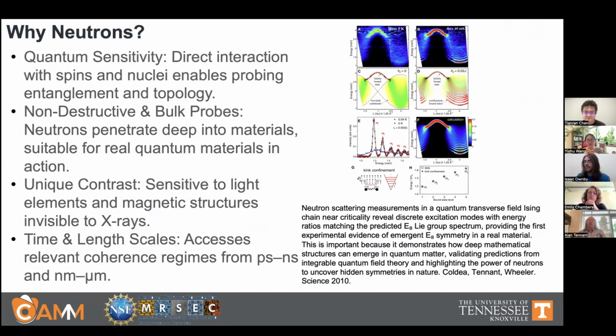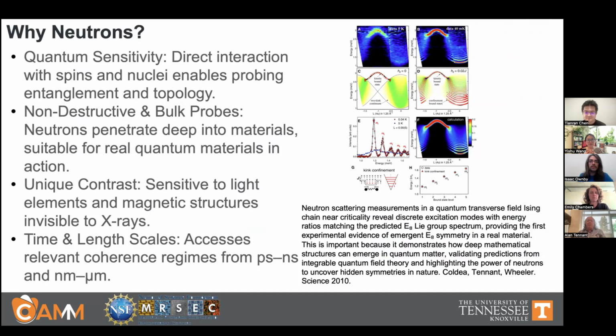They have unique contrast. They're sensitive to light elements and also magnetic structures that are invisible to X-rays, and their time and length scales access the relevant coherence regimes for quantum coherence in materials, from picoseconds to nanoseconds and nanometers up to microns.